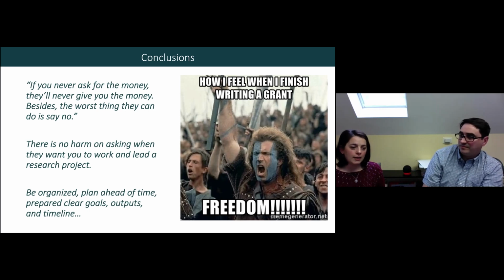So don't be surprised by your partners. I usually request, that's why I do it at least a month ahead. I put everyone in contact with the grant specialist, and I say the deadline for my grant specialist to send all the documents is usually a week before.